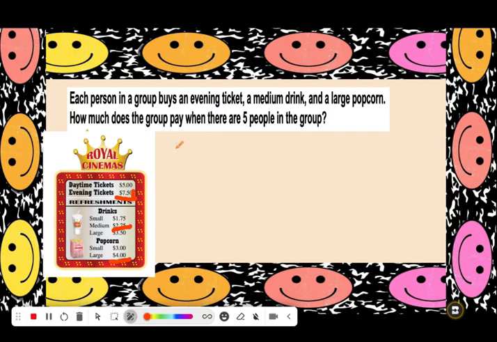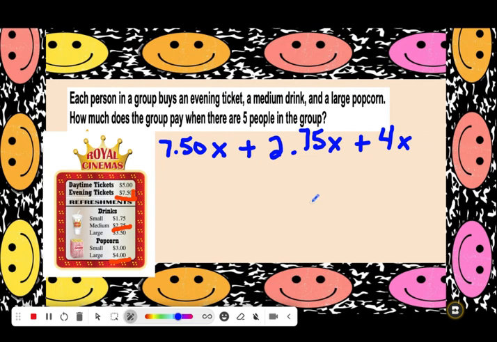Let's write an expression first. An evening ticket is $7.50 times some number, plus a medium drink is $2.75 times some number, plus a large popcorn is $4 times some number.